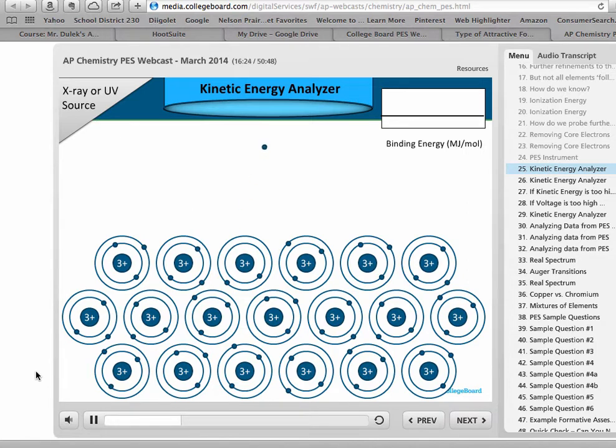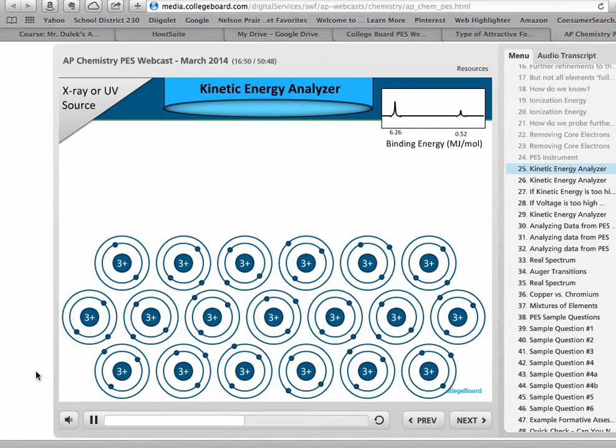So if we look at the irradiation, you can see it causes electrons to be ejected, and then the kinetic energy analyzer measures the energy of the electrons that pass through it. And so if we look now at a valence electron, you can see the valence electron has a different binding energy than the core electrons. So core electrons seem to build up the peak at about 6.26, and then that core electron amplifies that peak even further.